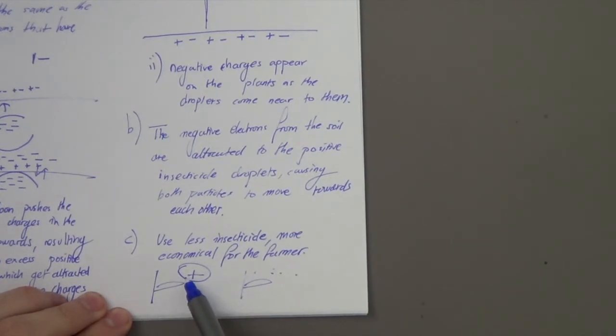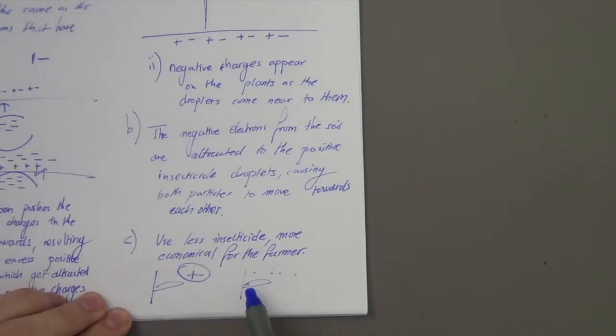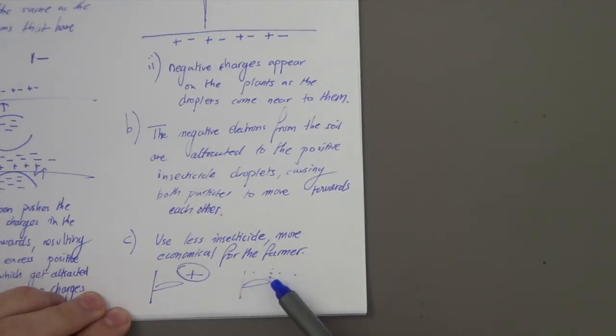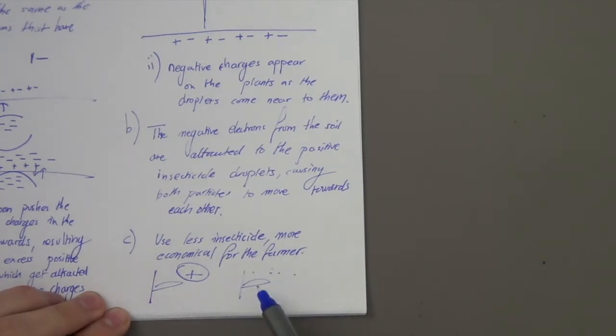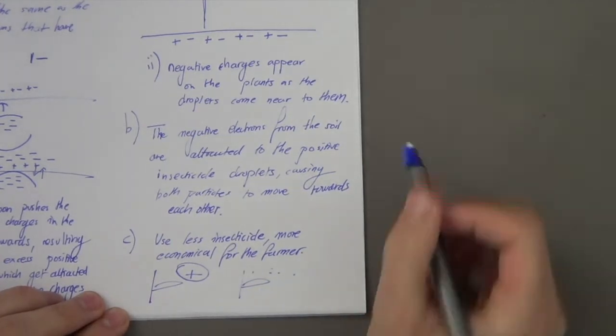And also, if you think about the wastage, a bit obviously will fall on that leaf, however, a lot is going to fall to the ground. Whereas if we have smaller droplets, more of those droplets are going to be attracted towards the plant, and due to their small size, are going to be spread out more equally.